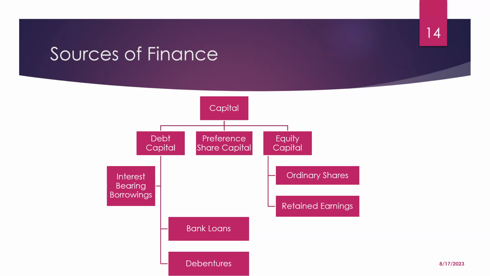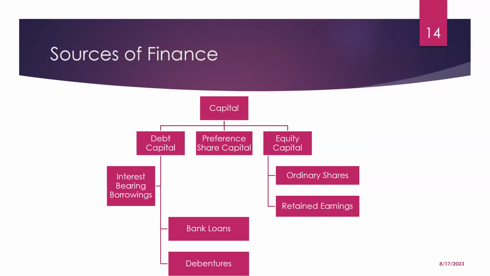Even if we take a bank loan, they charge interest. And if we offer corporate bonds or corporate debentures, they also charge interest. All these types of debt capital are known as interest bearing borrowings.